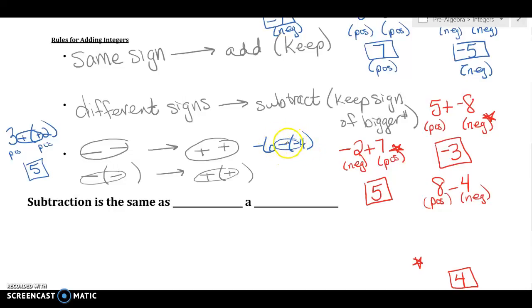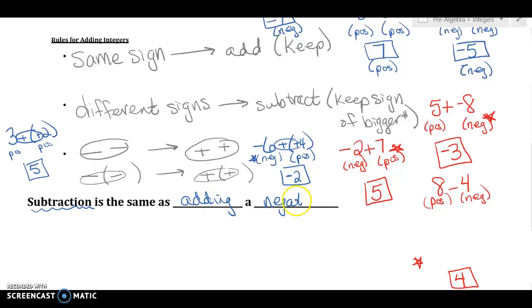Two negatives touching. Now this is a negative, and this one's a positive. So different signs subtract, so it's 2. And the 6 was bigger, so it's negative 2. Okay. And subtraction is just the same thing as adding a negative.